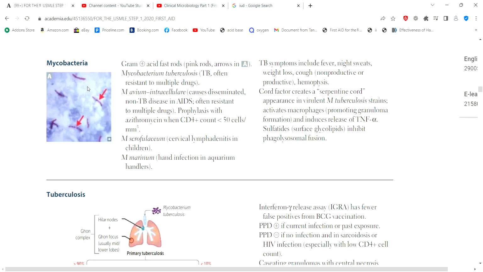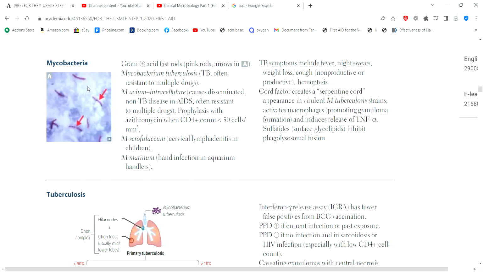So Mycobacterium activates macrophages, promoting granuloma formation, and induces release of TNF alpha. So the macrophages are the ones that release TNF alpha. Sulfatides are present on the surface of tuberculosis, and this inhibits phagolysosomal fusion in neutrophils and macrophages.